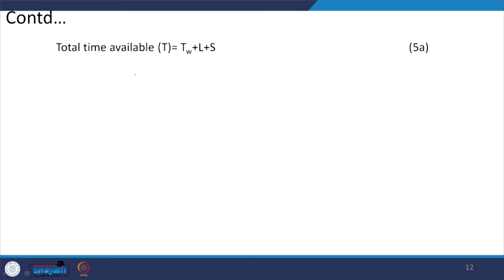Then, after this budget constraint, we need to talk about time availability, that is, how the person is allocating his time.